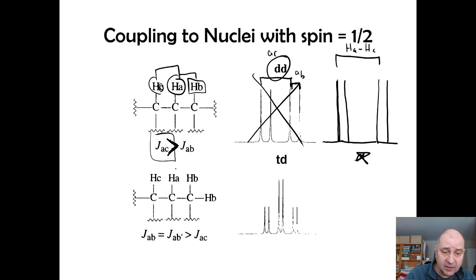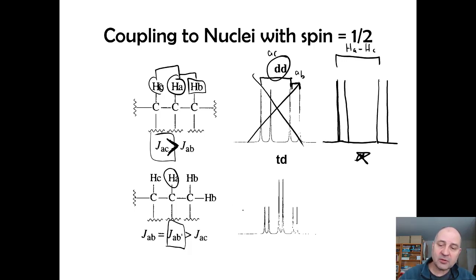Here we have a signal HA, and it's coupled to two other nuclei. First of all, it's important to note that the JAB coupling here is stronger than the JAC. And that's why the triplet here is further apart.